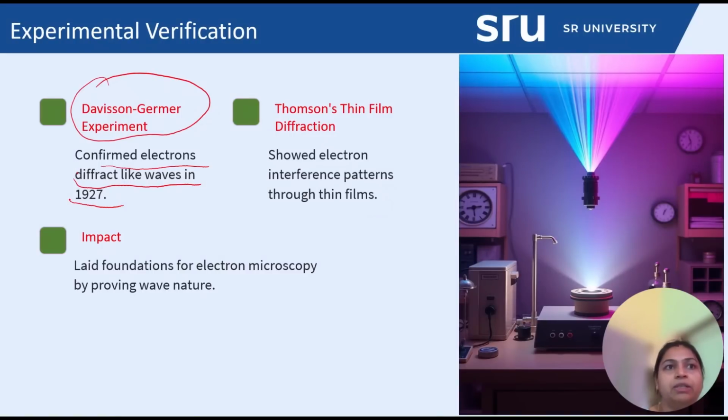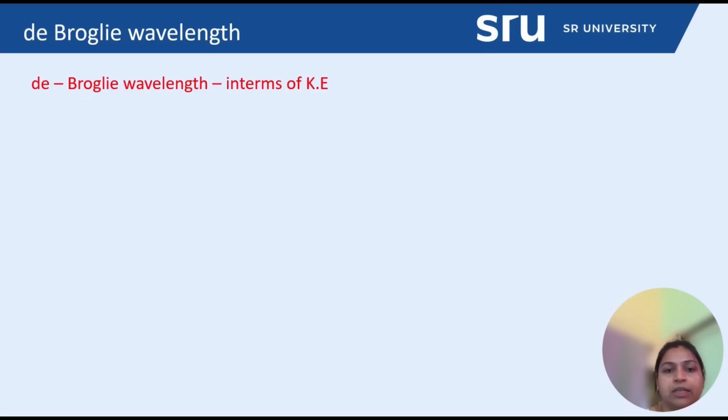What is this actually in this experiment? Before going to the Davisson and Germer experiment, let us evaluate the de Broglie wavelength in a different form, in terms of kinetic energy.